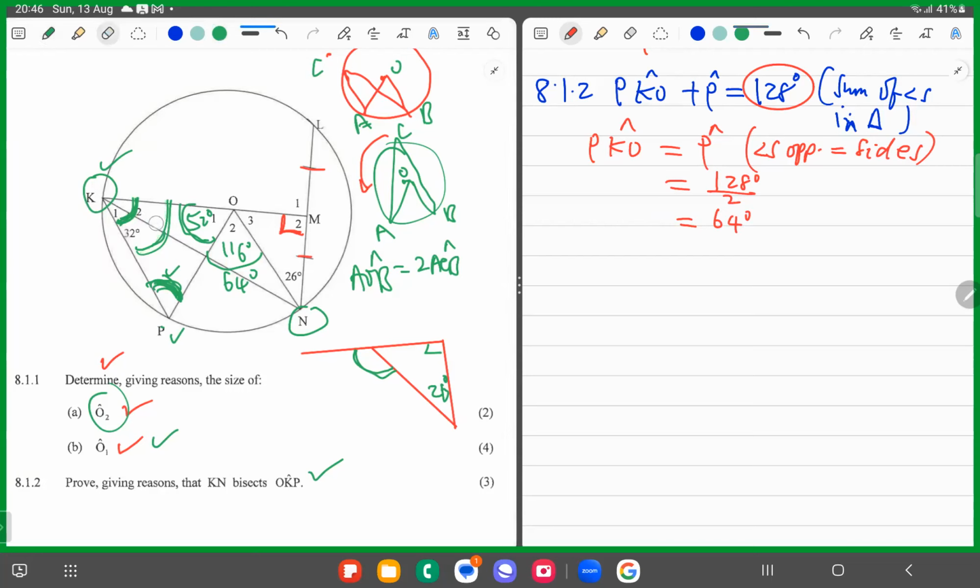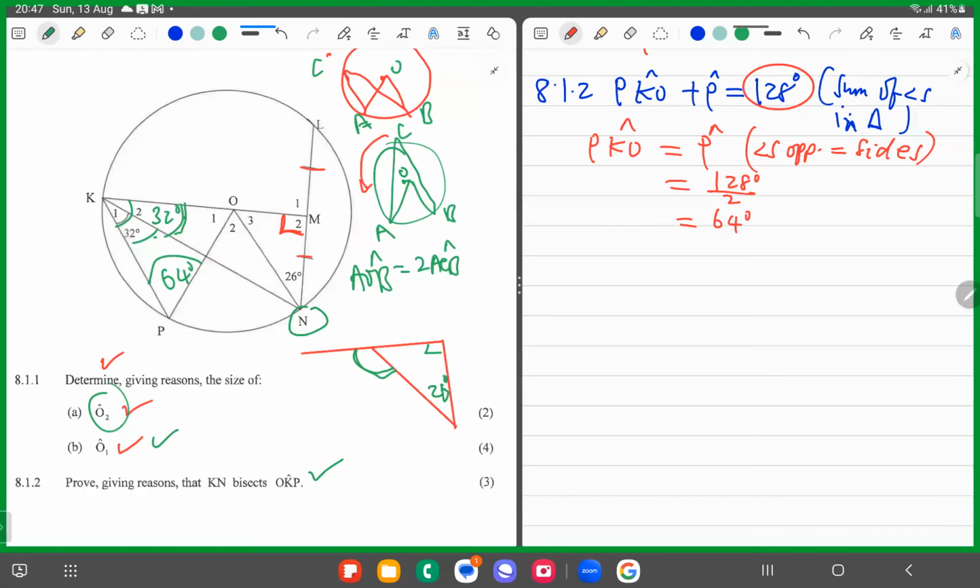And therefore, if you come here, you will observe that K2 is 32 degrees. Because this one is 64 degrees, because angle P is 64 and this is 64. But this is already 32. This can only be 32 because 32 plus 32 is 64.